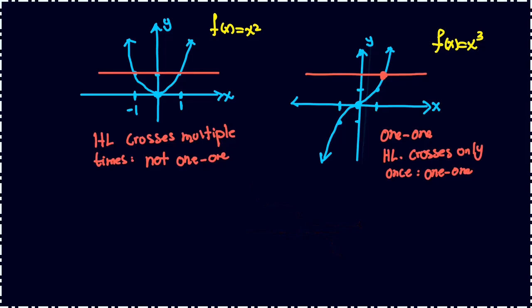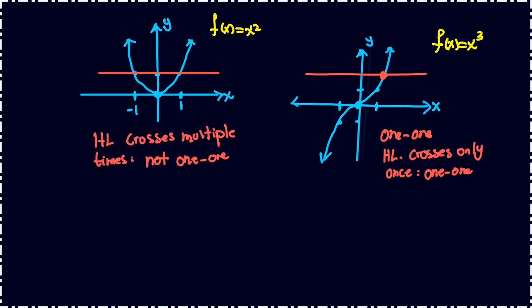So how do we know if a function is one-to-one? We can check to see if the graph is always increasing or always decreasing on its domain. And for that, we use the first derivative.